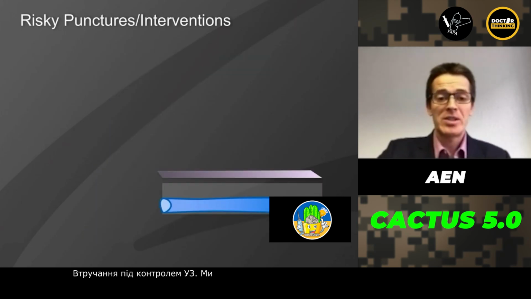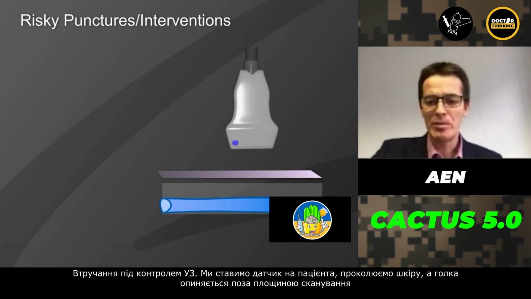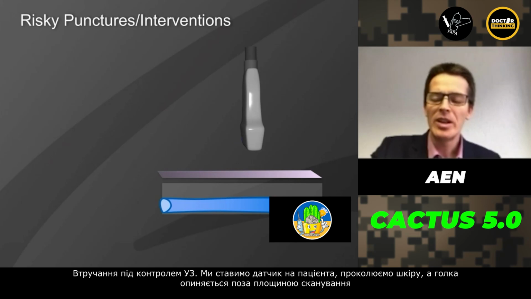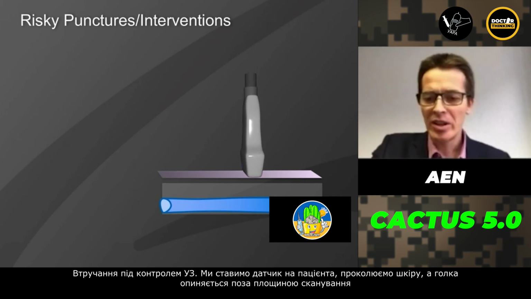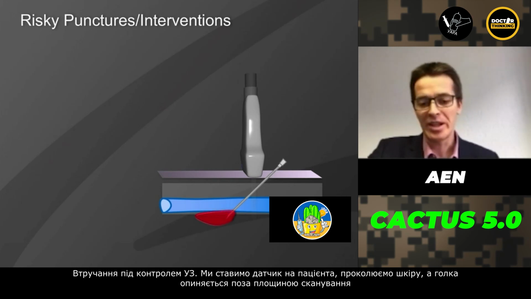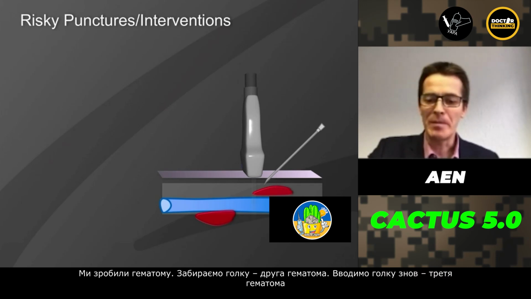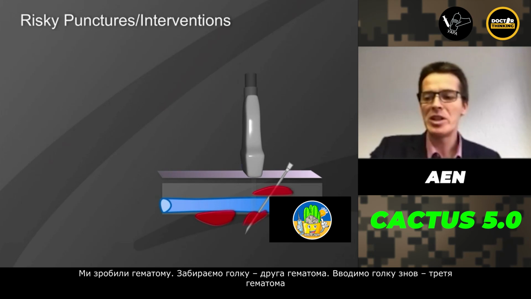Let's look at some ultrasound guided interventions. We put the probe on the patient, take a needle and puncture the skin, and as it happens to be, the needle gets behind the scanning plane, and so we create a hematoma, and we withdraw the needle, get the second hematoma, try again, get a third hematoma.